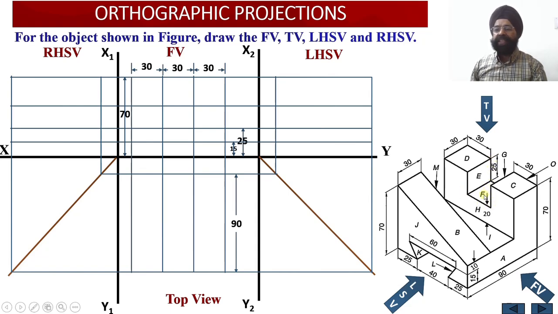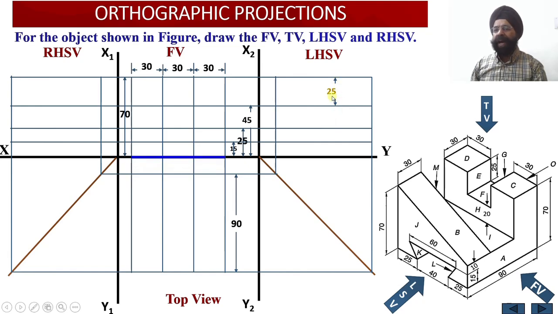I know that the surface F is going to be located at a distance of 45 millimeter from the bottom or 25 millimeter from the top. So now I am going to mark this height, equal to 45 millimeter from the base, or even I can mark it equal to 25 millimeter from the top.